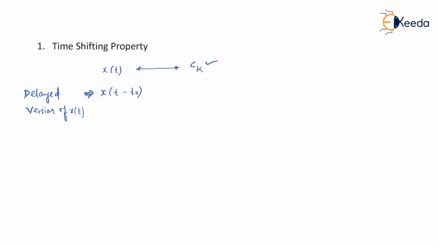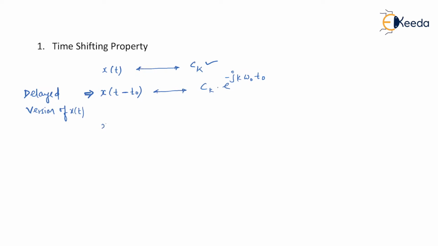In that case, you don't have to really calculate the Fourier series of it. If x of t's Fourier series coefficient is already known to you, it is simply ck multiplied by e to the power j k omega naught t naught. If we have negative sign here, we should give negative sign here.